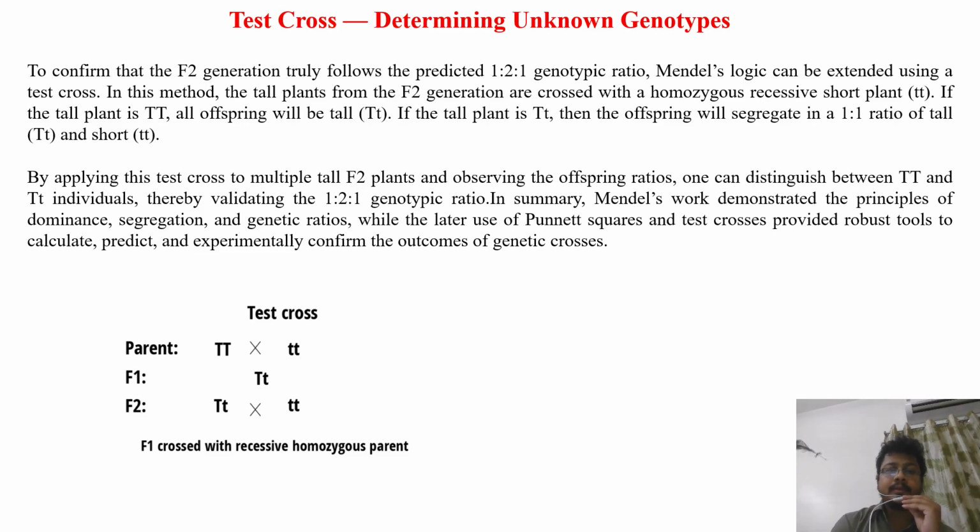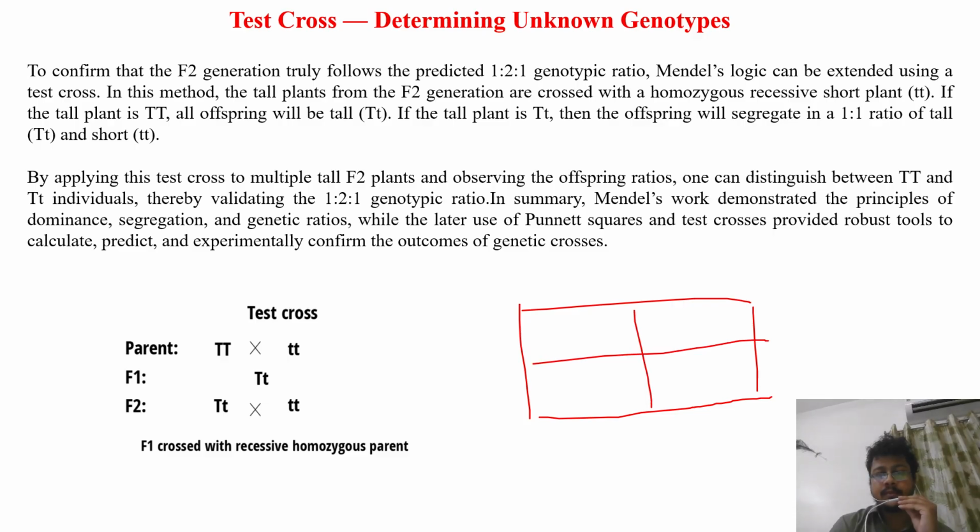To confirm that the F2 generation truly follows the predicted 1:2:1 genotypic ratio, Mendel's logic can be explained using a test cross. Now we can discuss what the test cross is. Suppose we draw a Punnett square here. So there are two gametes, capital T, small t, male gamete, and if there are female gametes, capital T, small t, then there will be four offspring.